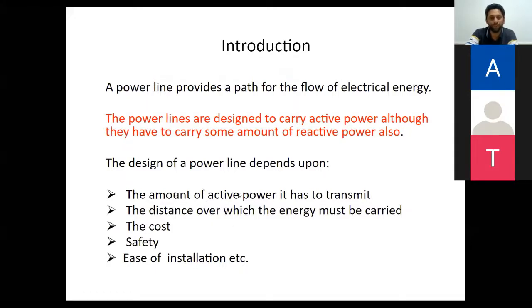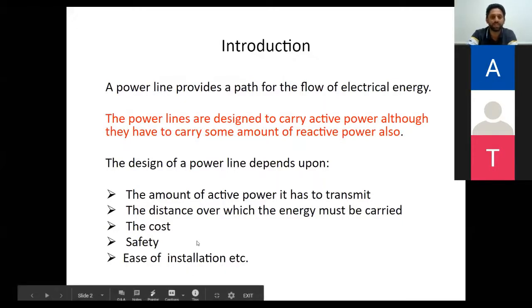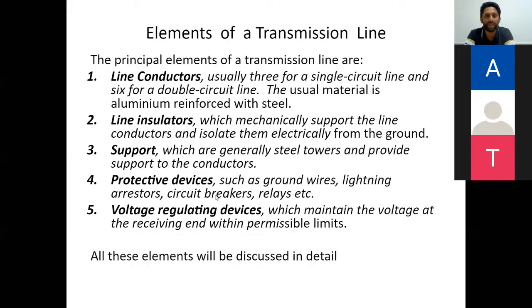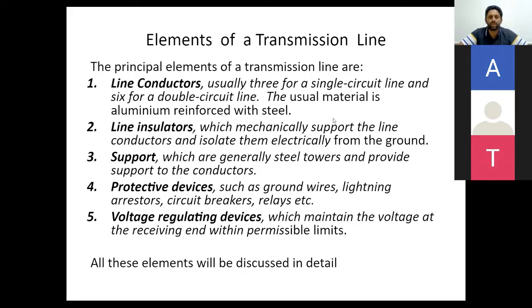So we have to consider the active power, distance, cost, safety, and easiness of installation. Then, based on that, when you design a transmission line, first you must know the main parts of a transmission line. Once you know the parts, only then can you design it. What are the main elements of the transmission line?